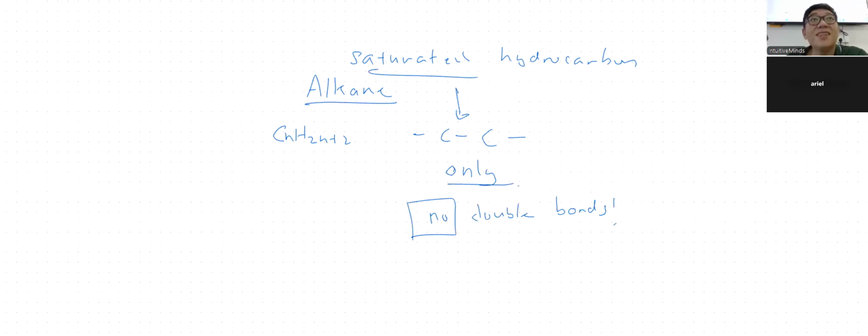That's the meaning of saturated, which tells you that alkenes will be what? Unsaturated, because of the C-C double bonds. So do take note of that.